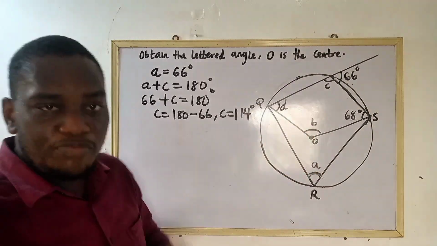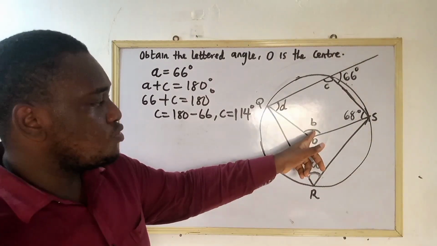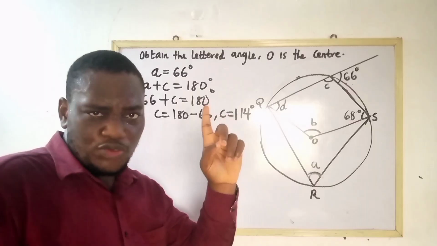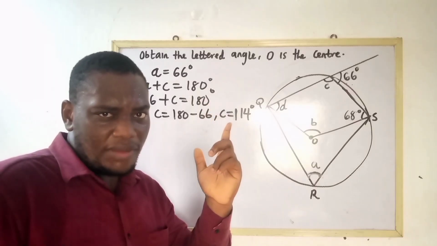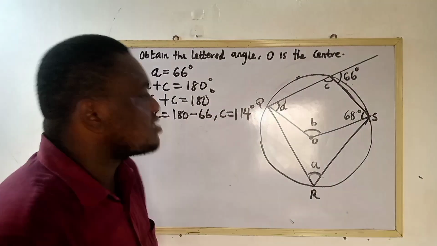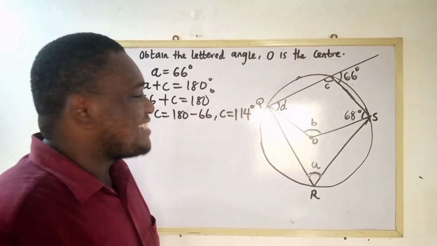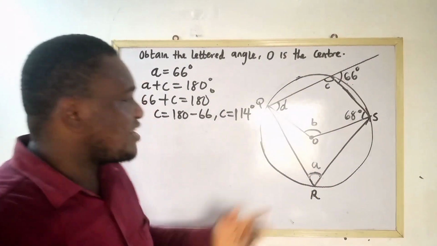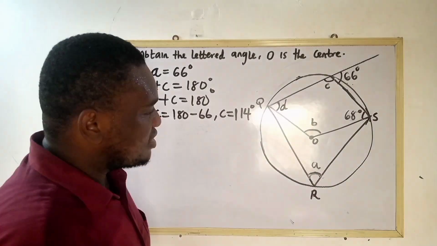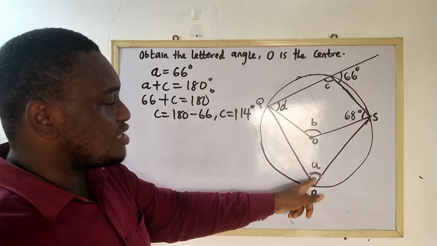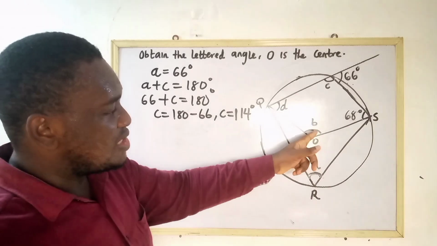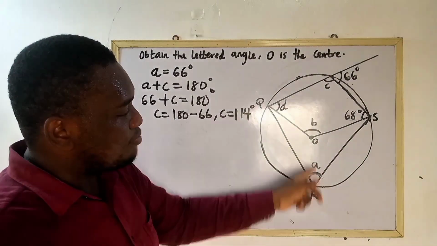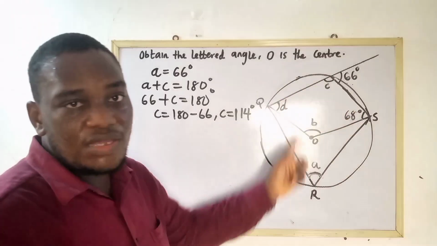So, looking at angle B, I notice that B is the angle at the center of the circle. And just like we've said from Theorem 2, you remember what Theorem 2 talked about? Yes, I know you do because you are smart. Theorem 2 says that the angle at the center is twice the angle at any point on the circumference, provided they subtend the same arc. So B will be 2 times A because B is the angle at the center and A is the angle at this point of the circumference, and B and A subtend the same arc.